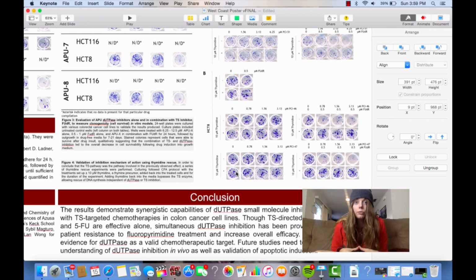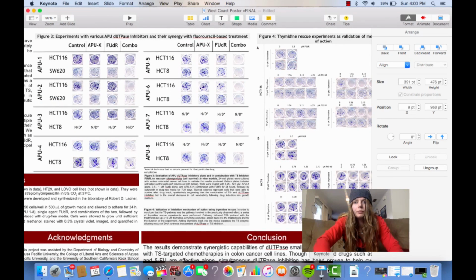See if it helps reduce the tumors and reduce the amount of cancer in the animal. And then also make sure that apoptosis is being induced by these drugs. Again, we're assuming that it is, because that makes sense from what we know about cancer, but in order to validate it, we need to run more studies to see if apoptotic markers are appearing to make sure that apoptosis is actually occurring. And that is the research.